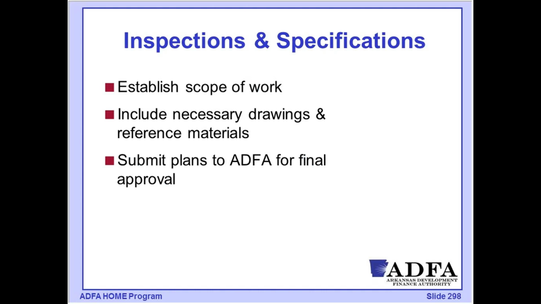This is part of that written agreement with the contractor: this is what we're hiring you to do. These are the specifications. This is what you're going to use as part of your inspections to make sure that they have been completed. So as detailed as they can be will help not only with communication, but also to ensure that you actually get what you were expecting and what was needed for this project to be in compliance with our property standards.